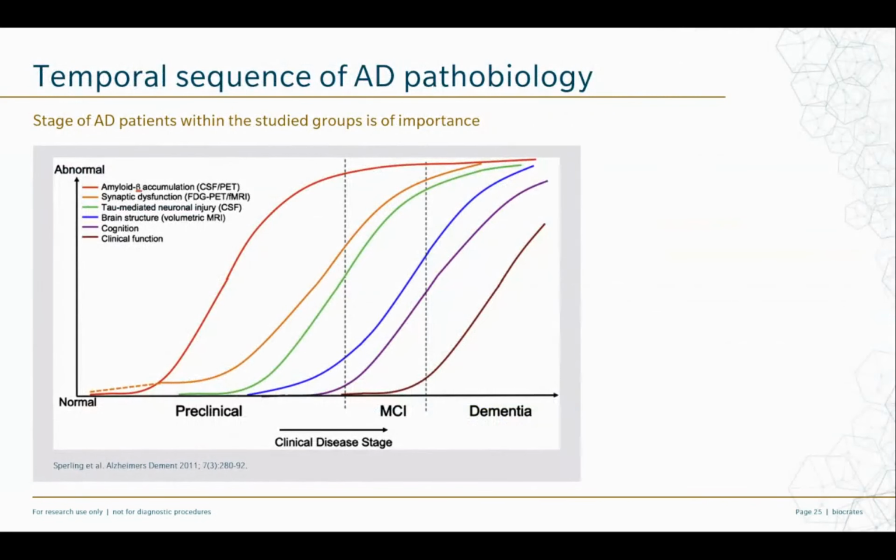But why is that? Alzheimer's disease is a highly complex and continuous disease with different markers and symptoms arising at different time points during disease progression, as you can see here. So if you now want to validate a biomarker in an independent cohort, and that cohort has a slightly different distribution of the preclinical and clinical disease stages than the one that was used for the development of the biomarker, you will not be able to validate the marker with a satisfying accuracy.